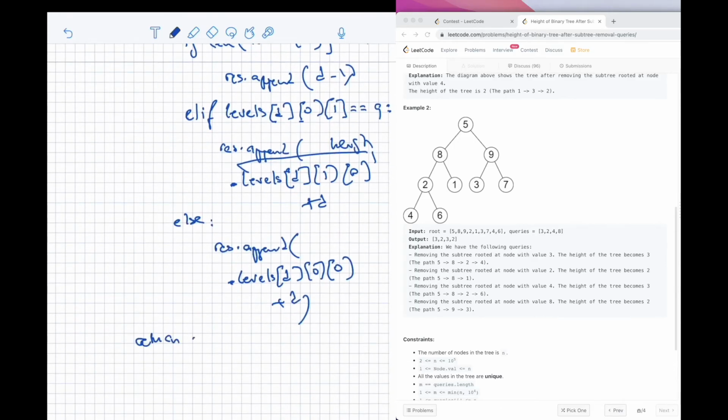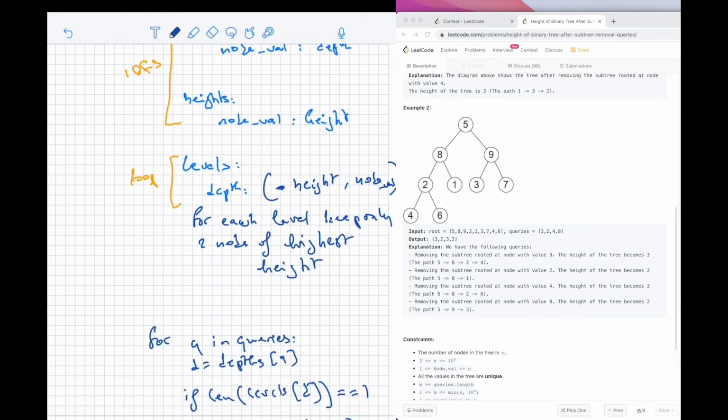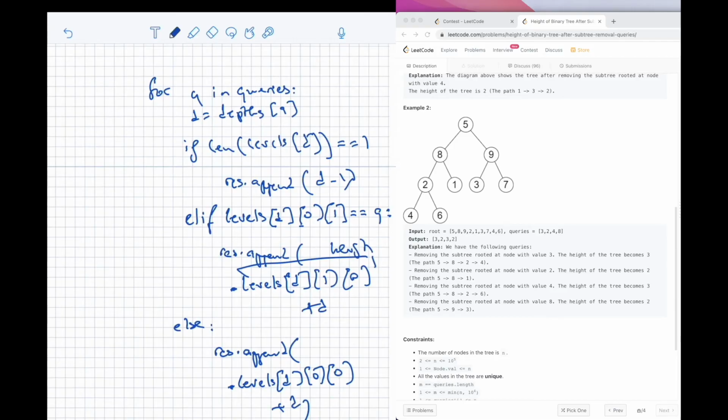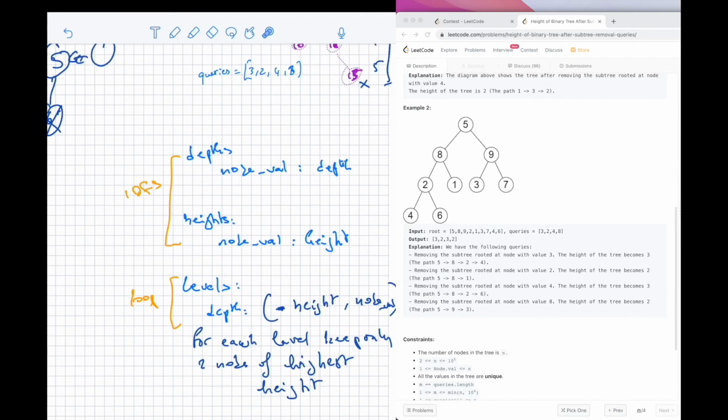And now notice what we did. We set up all the maps that we need first, using one DFS, and then for the for loop for the queries, we just used that data, and for each query we did O of 1 work here. The solution that we are doing here is O of 1, right? And so the first DFS is O of the number of vertices plus edges, so that's O of n.